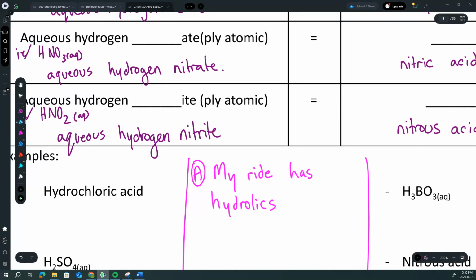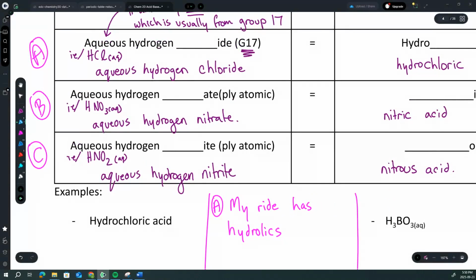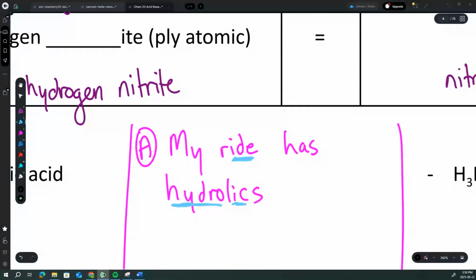So what this is saying is, if in the original name it ends in IDE, you're going to have to start the acid name with hydro and then end it with ic. So let's write that out.